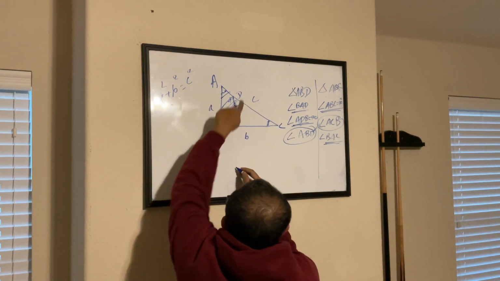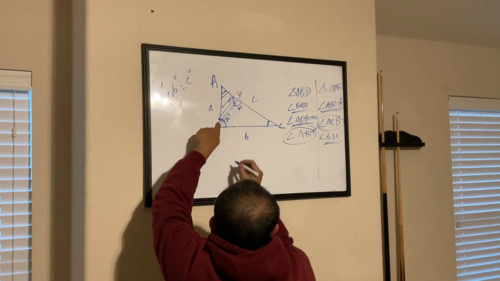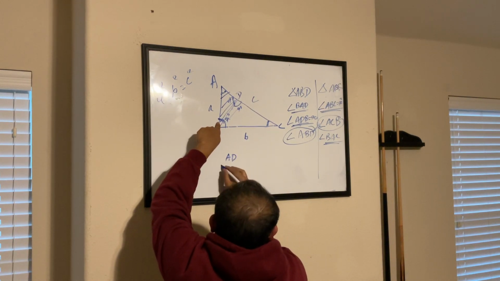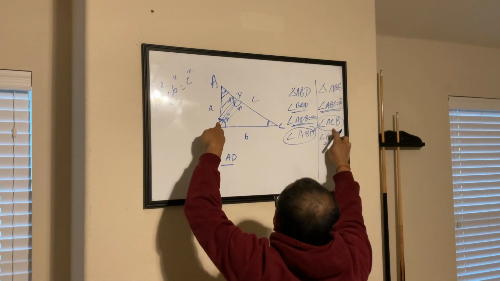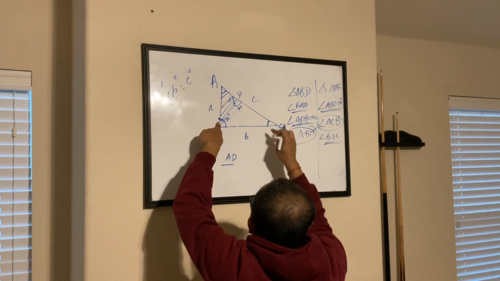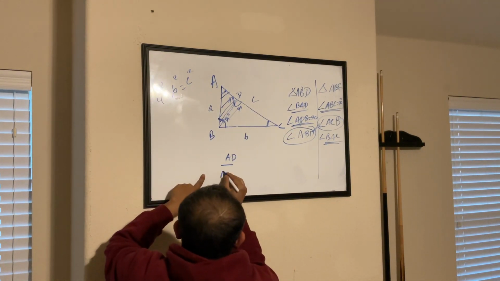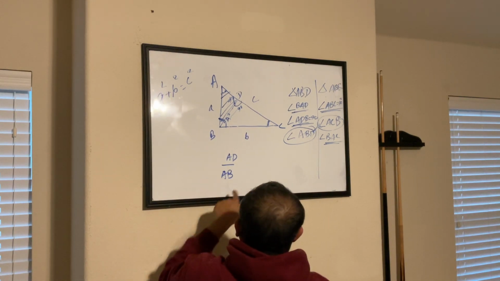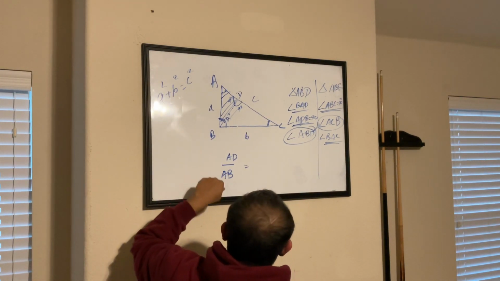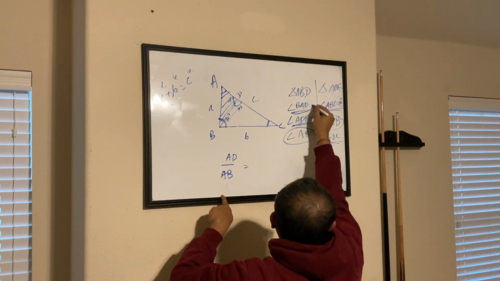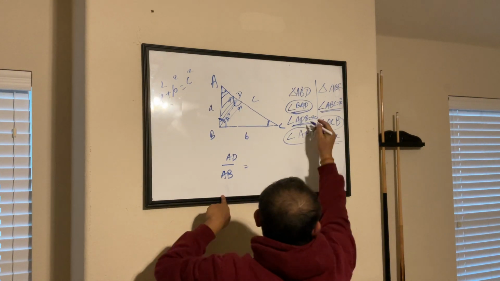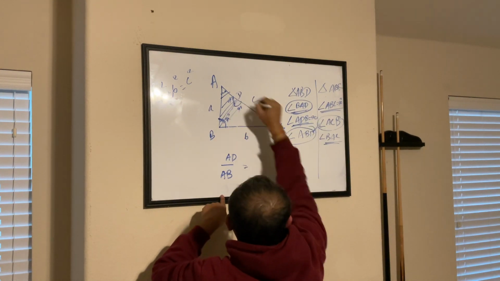So for ABD, the side opposite to that is AD, and for this angle ACB, the side opposite to that is AB. This will be equal to the second angle. Let's pick up this angle BAD. So this BAD and BAC are the same.